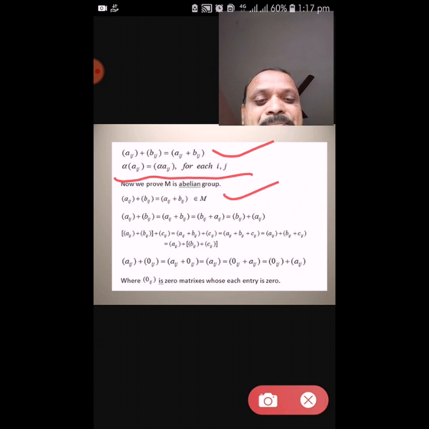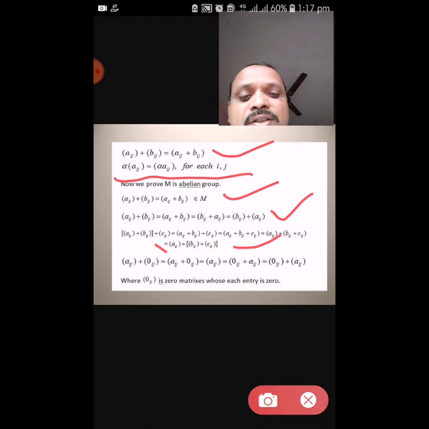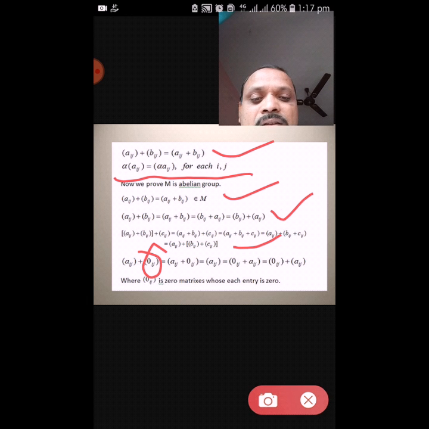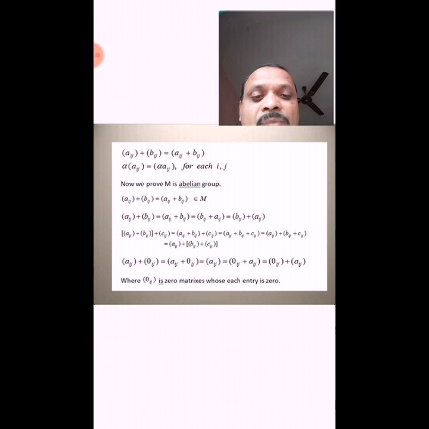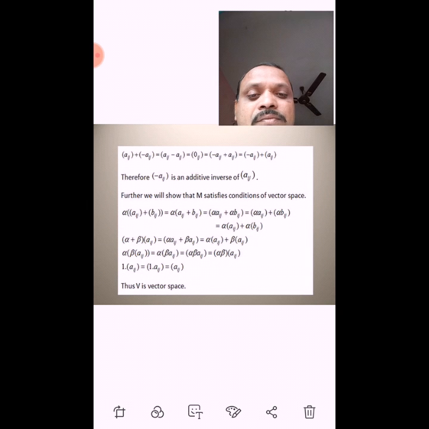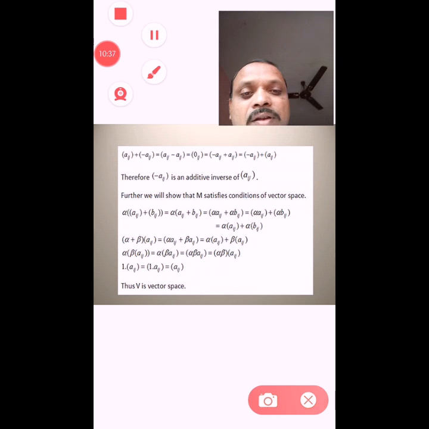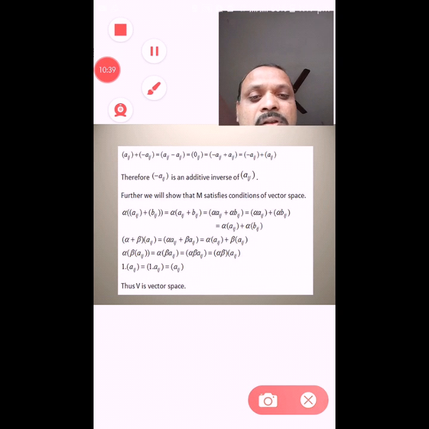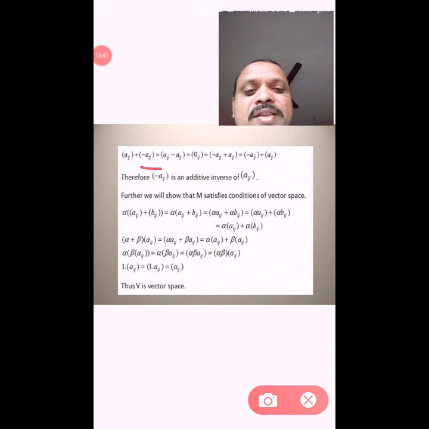This one is the associative, abelian property. This one is the associative property, and if all the entries are 0, it is called a zero matrix. And if I add this zero matrix, we get that the zero matrix is an identity element of this set. Now let us see here minus Aij.